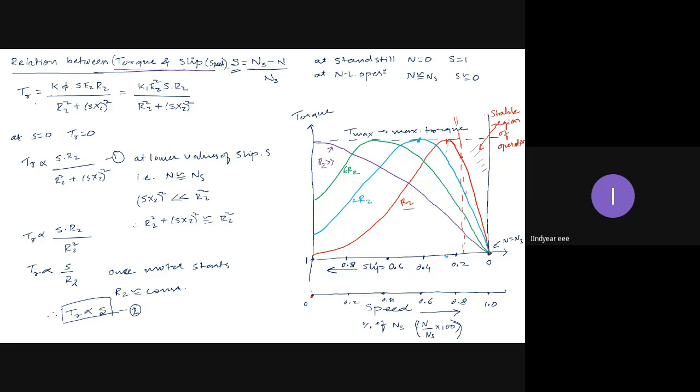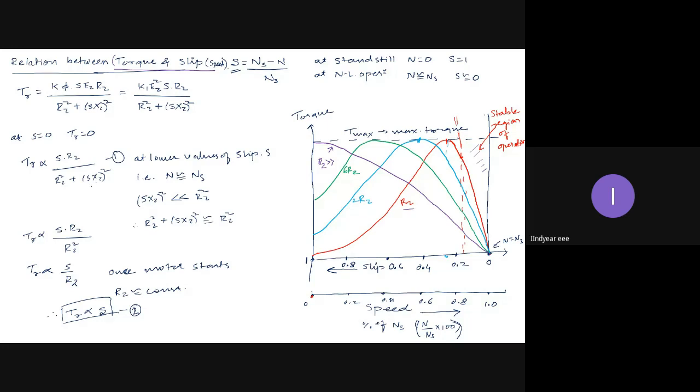So this torque has the equation K1 E2 square S R2 divided by R2 square plus S X2 square. If I take out all the constant values, the torque is proportional to S into R2 divided by R2 square plus S X2 square.